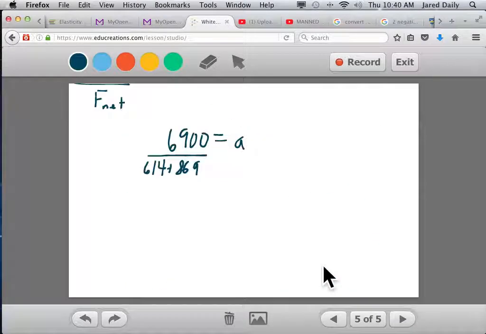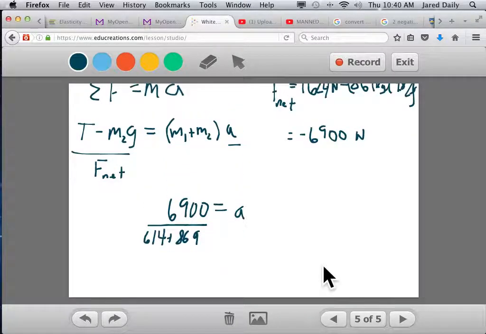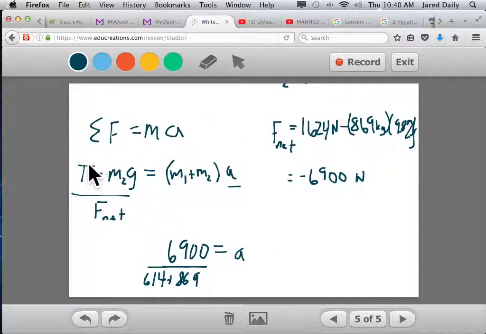So it would work either way because the tension is equal to the friction. Since the tension is equal to the friction, I just plugged in that number for the friction that I got for my force net, and I subtracted off the weight of the second block that's pulling it down. And I got the net force. Then I take the net force and divide it by the total mass to get the acceleration on the system. Newton's second law once again.